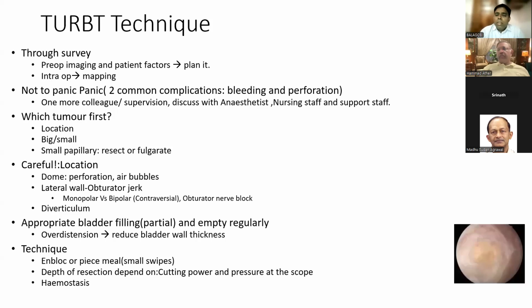And do you see any difference between bipolar and monopolar resection in regards to the tumor, when we consider the obturator jerk or bleeding and the tumor quality for a pathologist? I think the tumor quality is significantly affected by en bloc resection versus piecemeal resection.